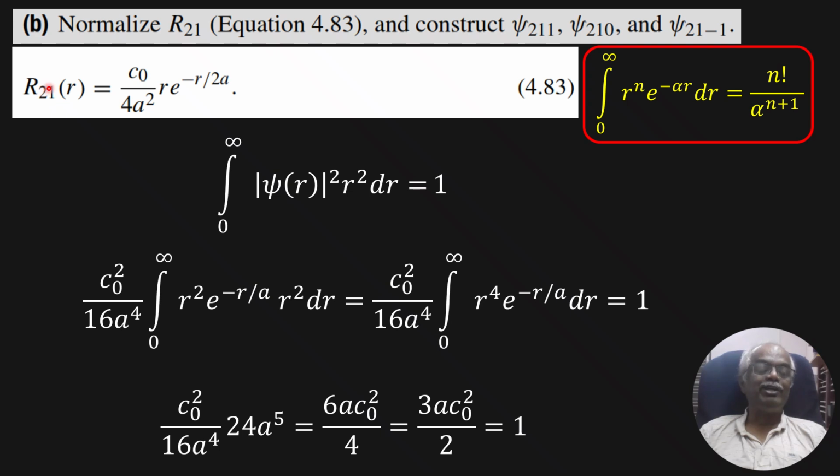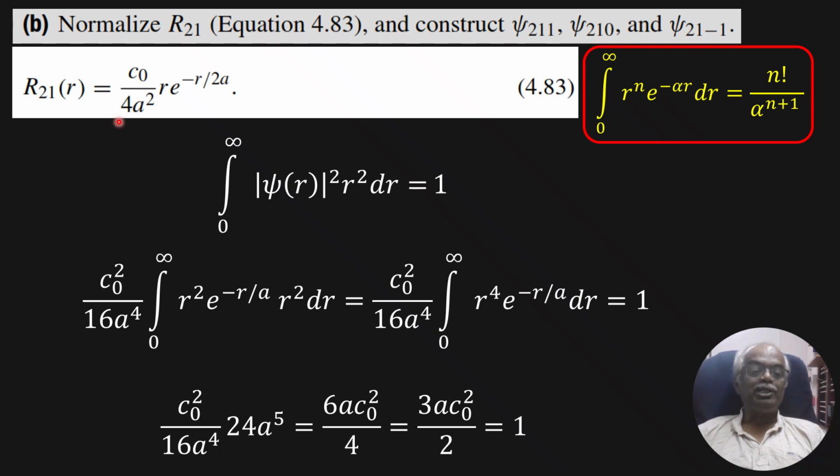The radial part of the wave function I have covered in a separate lecture, but here in the problem they have given R21, which is a function of r: c naught over 4a squared, r e power minus r over 2a. This is given in the problem.